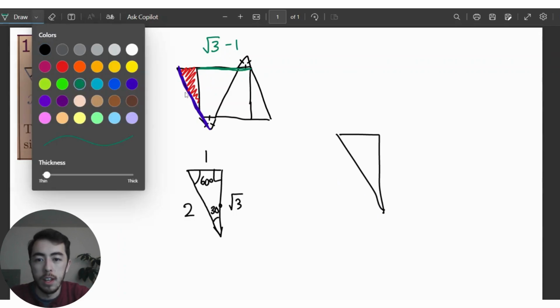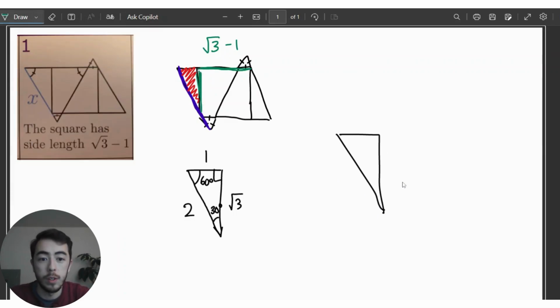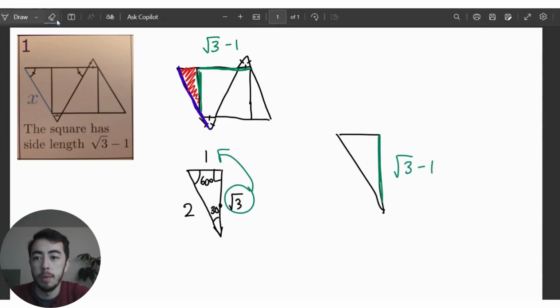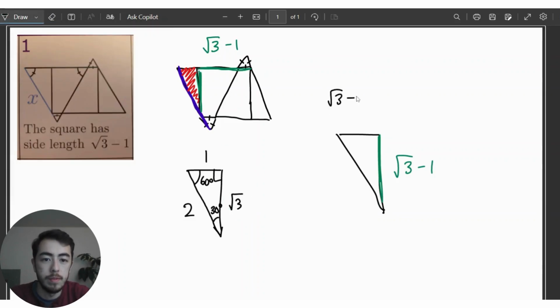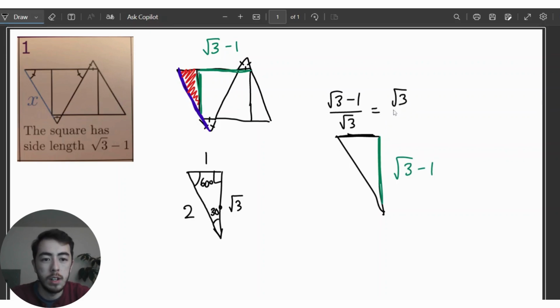This side right here is part of this square. That is root 3 minus 1. And it looks like to go from this leg back to here, I must divide by root 3. I'll take root 3 minus 1 and divide by root 3. That's this length right here. Now, I guess I could simplify it a little bit. I'll distribute the denominator.